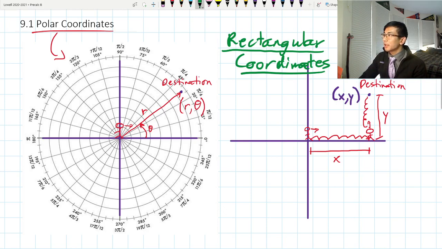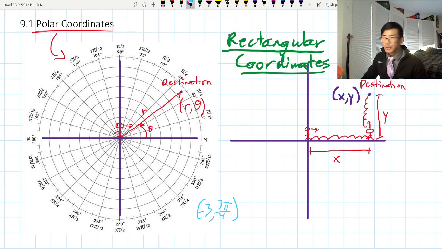Let's suppose I wanted to plot the point negative 3 comma 3 pi over 4. And so what would that look like? Well, I would go out to 3 pi over 4 first.